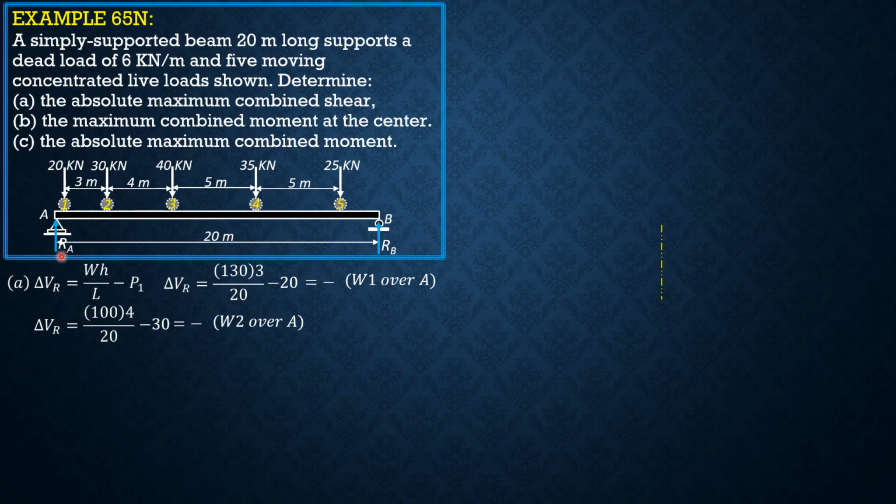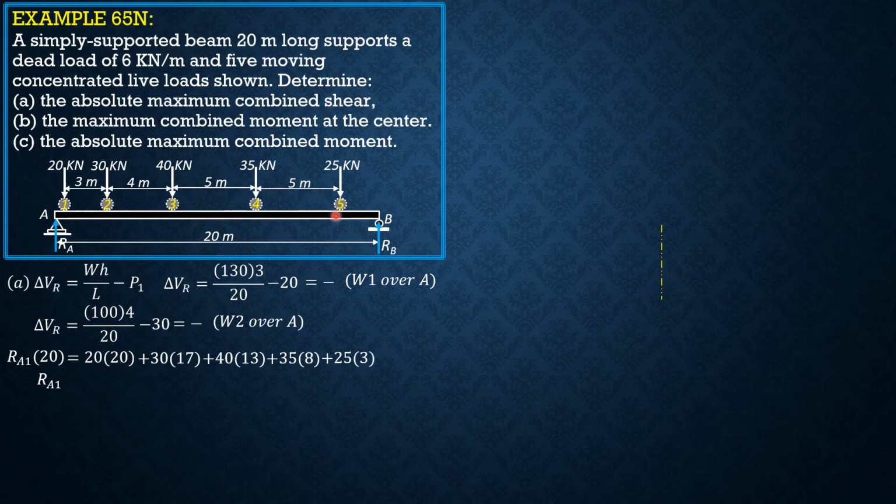So if P1 is over A, then RA cannot be computed. So RA times 20, summation moment at P, equals 20 times 20 plus 30 times 17. 20 minus 3 is 17. 17 minus 4 is 13, so plus 40 times 13. 13 minus 5 is 8, so plus 35 times 8. 8 minus 5 is 3, so plus 25 times 3.